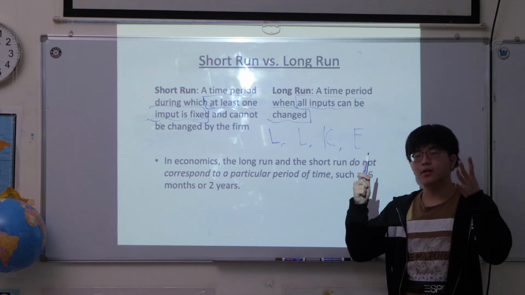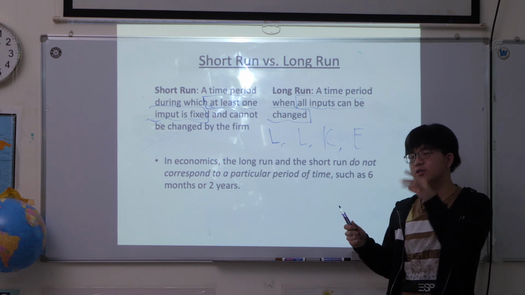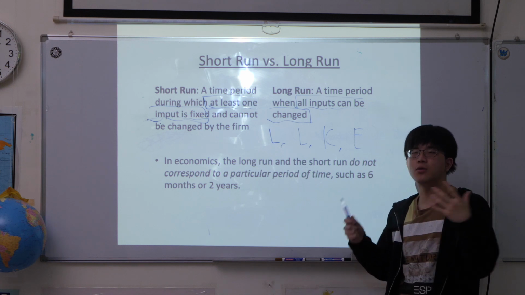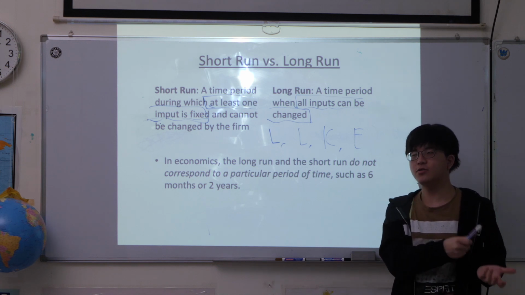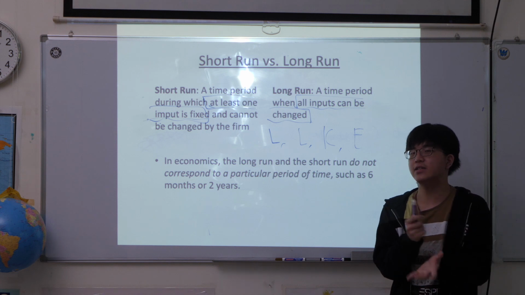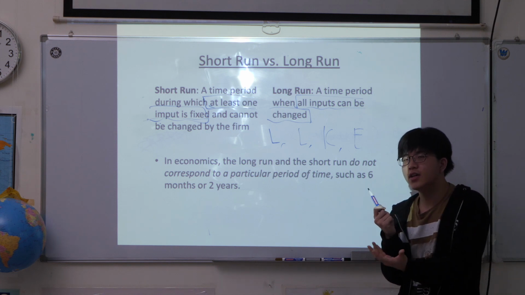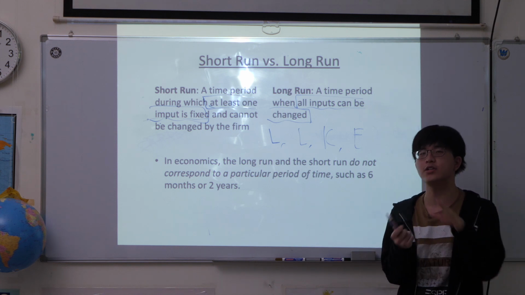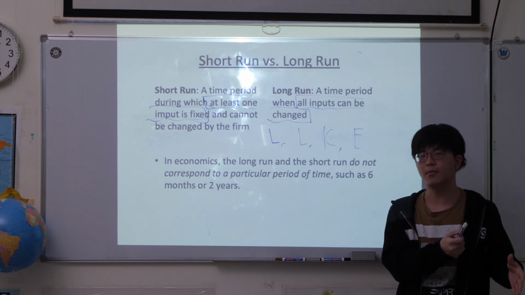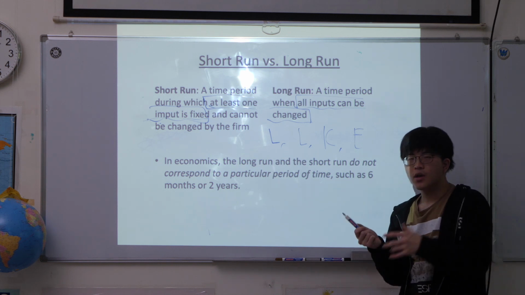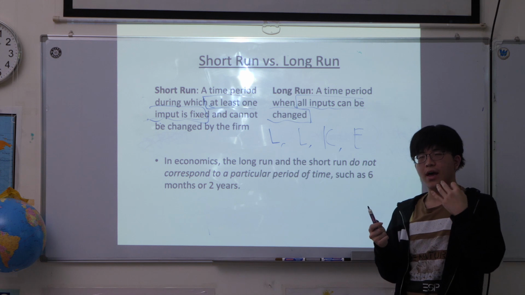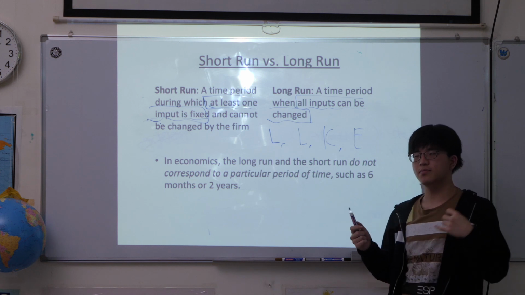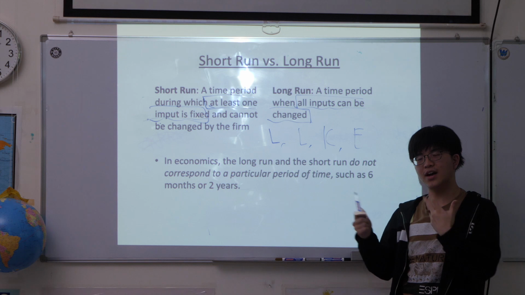Then, if you already constructed your own factory in Dongguan, for example, do you think you can change the land easily to make a different factory? It's impossible. It's really hard to change it in a short period of time. In that case, you need to have a new contract or some different kind of land, right?